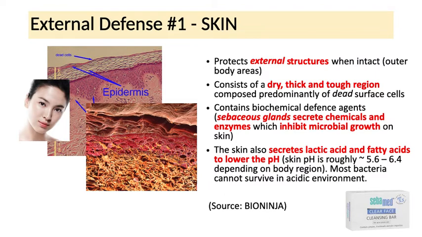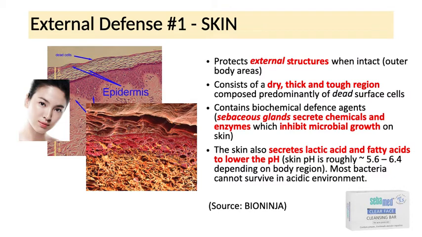Why should there be that skin? Because those skin cells act as a physical barrier. They are hard and thick, and it's hard for the pathogens to penetrate. So it's a tough region that cannot easily be penetrated by the pathogens.